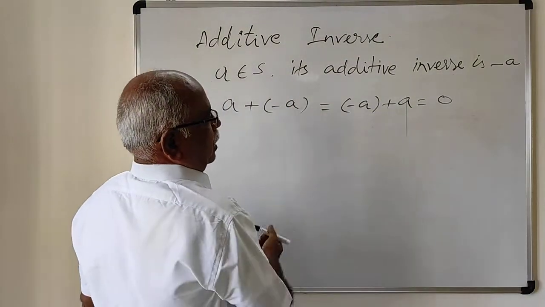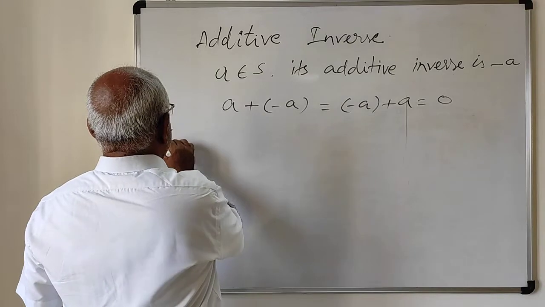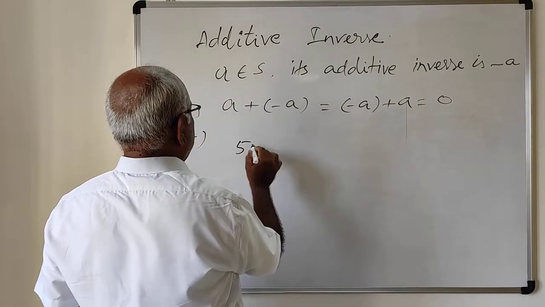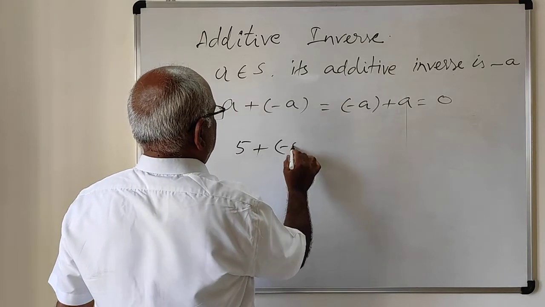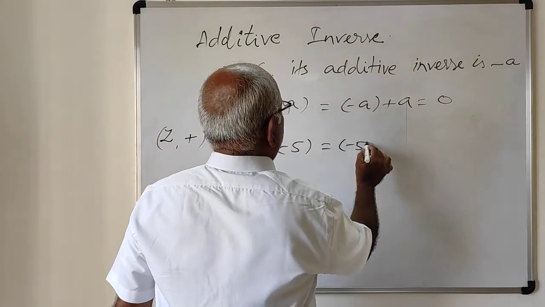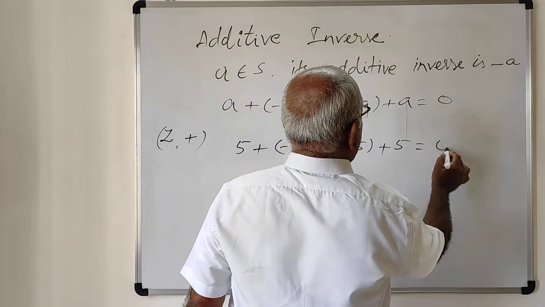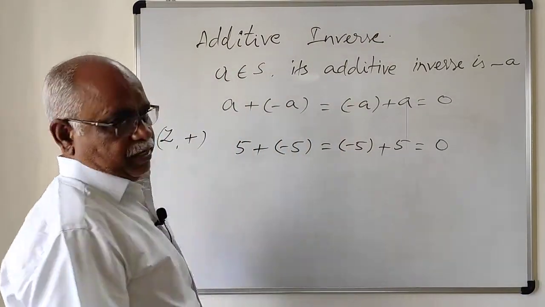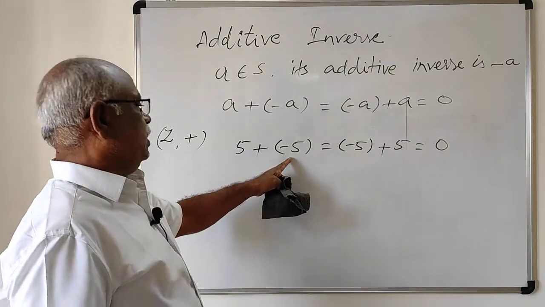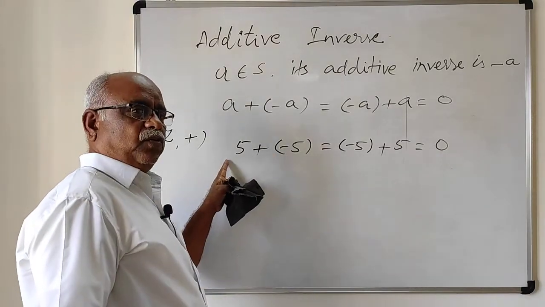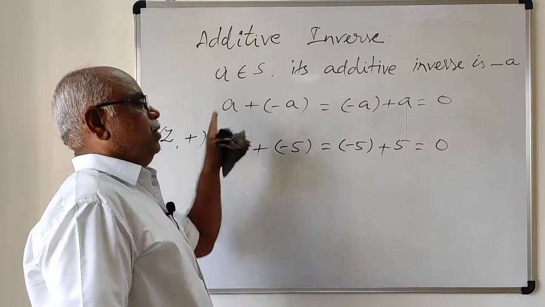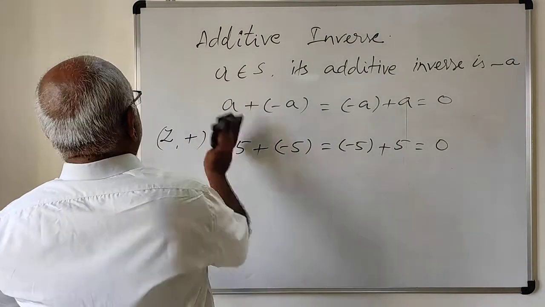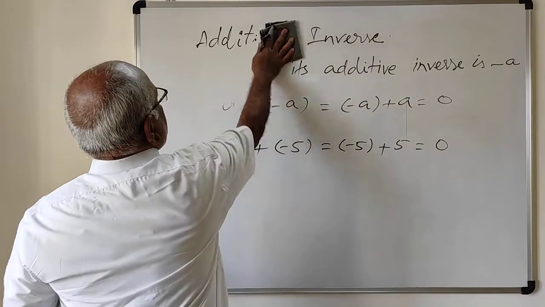In the set of integers, I have taken the number 5. 5 plus minus 5 equals minus 5 plus 5 equals the additive identity 0. 5 and minus 5 belong to the set of integers, and minus 5 is the additive inverse of 5, or otherwise 5 is the additive inverse of minus 5, reversely.